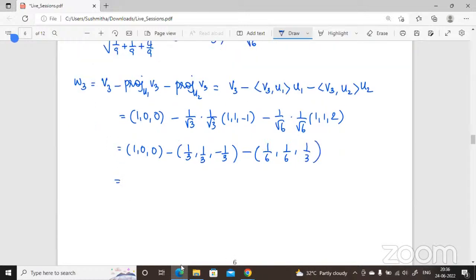So this is 1 - 1/3 - 1/6, which is (6 - 2 - 1) by 6, that is 3 by 6, so 1/2. Then 0 - 1/3 - 1/6, so that's -1/2. Then 0 + 1/3 - 1/3, which is 0. So W3 is (1/2, -1/2, 0). Is this correct?